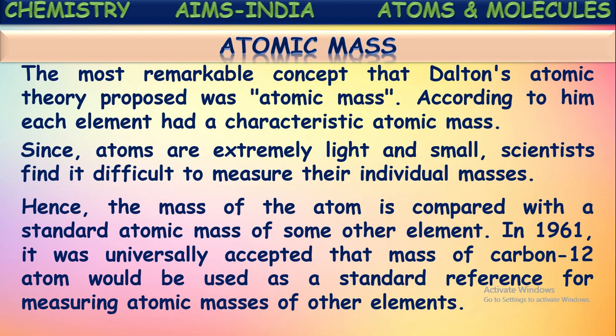So the mass of the carbon with mass number 12 is considered as the standard unit. Based upon the mass of carbon-12 atoms, the atomic masses of the remaining elements are compared and proposed.